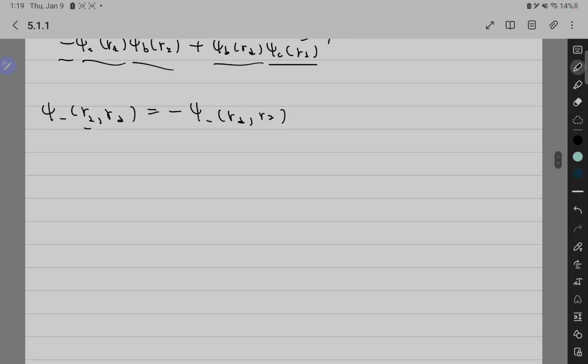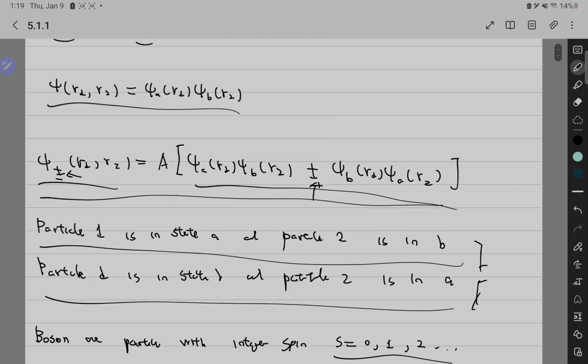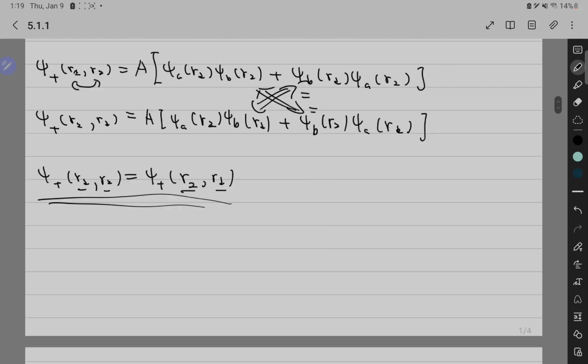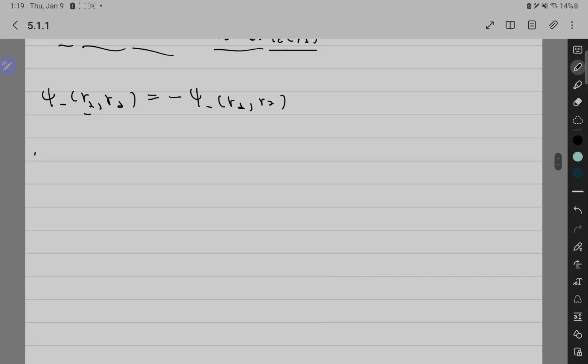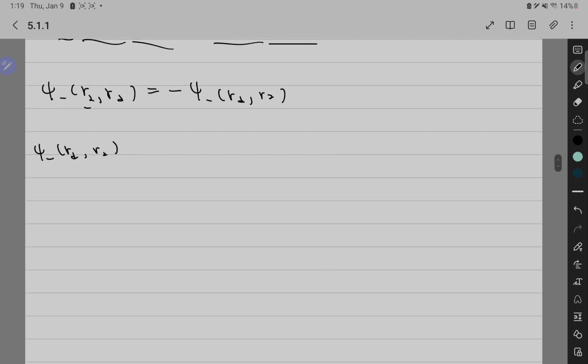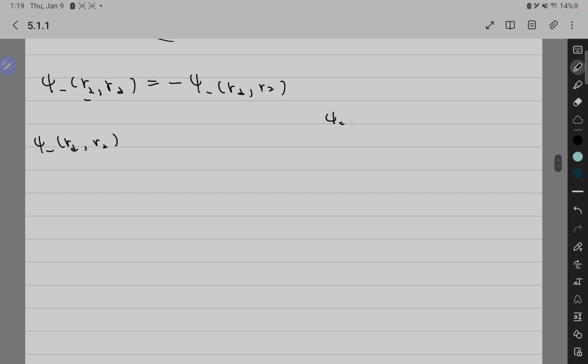So why is that? You can actually tell from the formula that we have here. We're talking about fermions here, so it's the negative sign. If psi A is equal to psi B, this implies the same state.